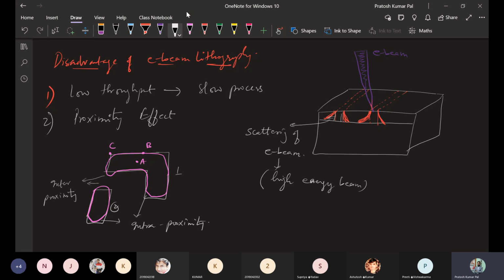Here, two different locations of the substrate need to be exposed, and at that point there is swelling, basically called indentation, at these two regions. So this is inter proximity and this is intra proximity. So this is all about e-beam lithography.